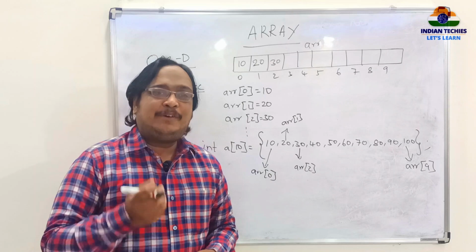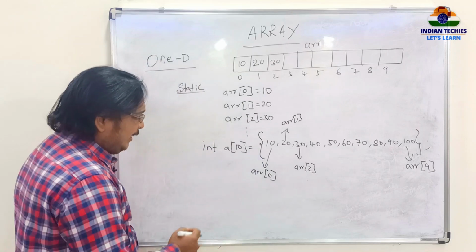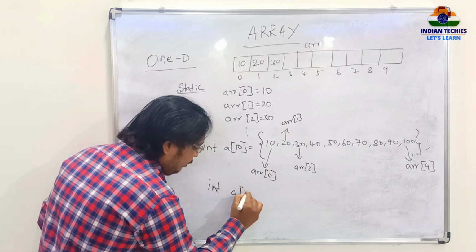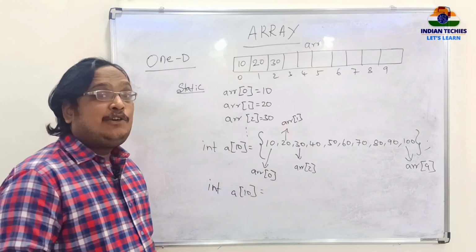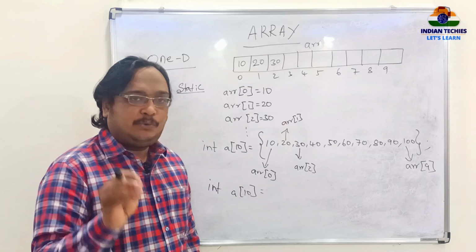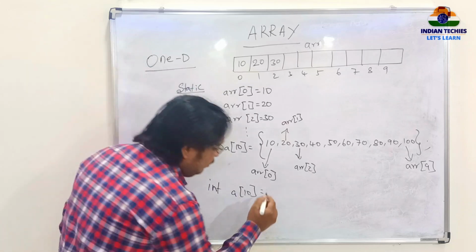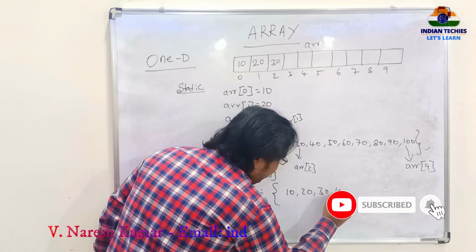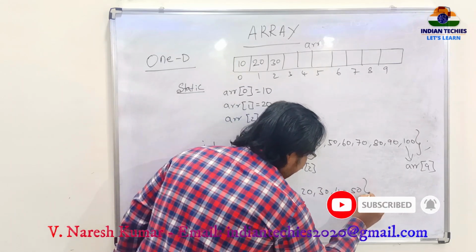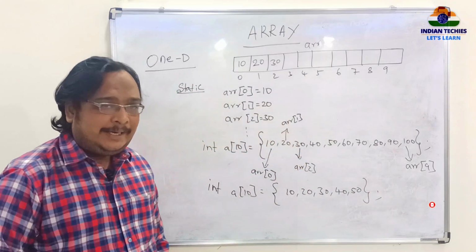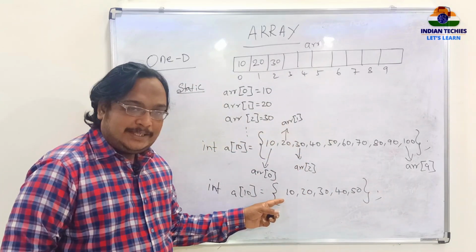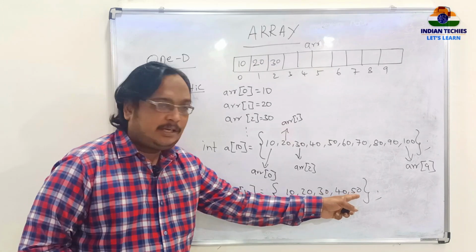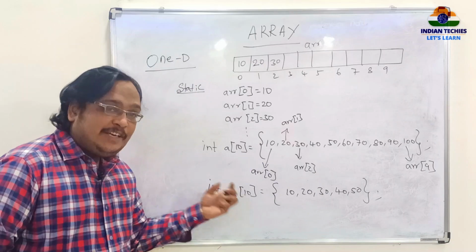Suppose there is one more requirement: I declare the array size as int a of 10, but at present I don't want 10 values, only 5 values as input. Then I give only 5 values: 10, 20, 30, 40 and 50. These will be ARR of 0, ARR of 1, ARR of 2, ARR of 3 and ARR of 4. But memory has also been allocated for the remaining 5 values.